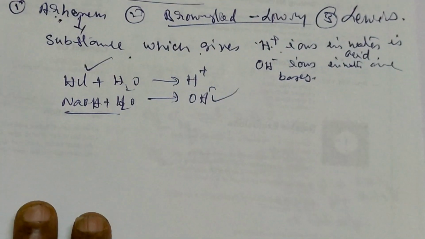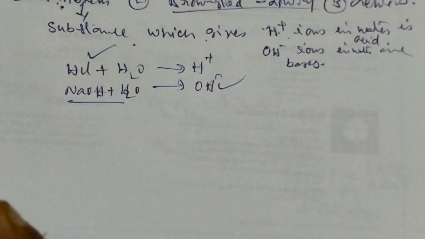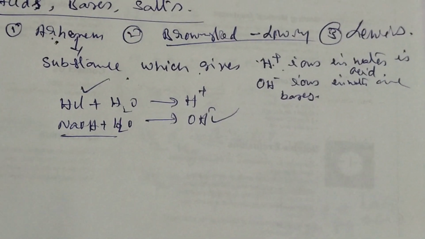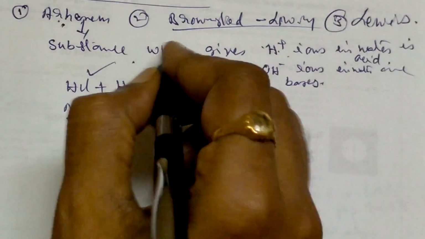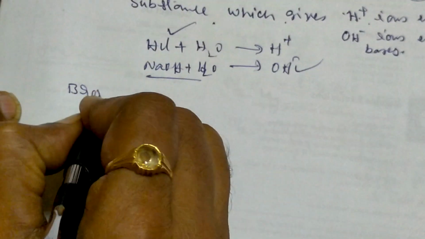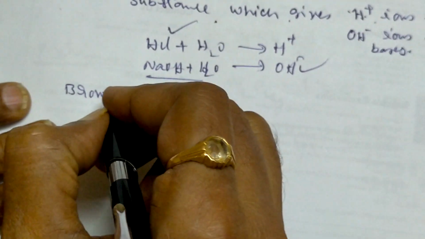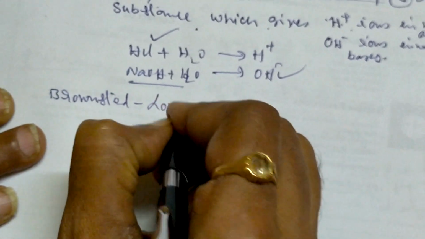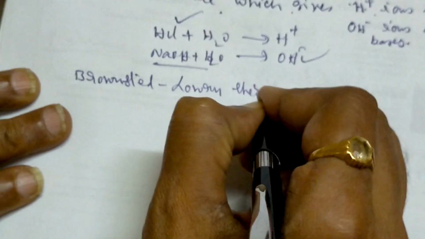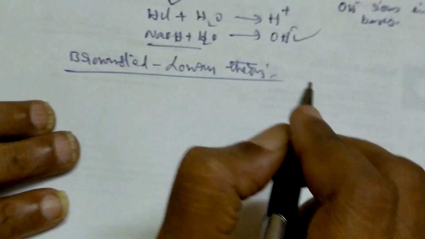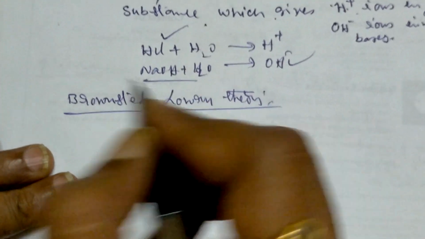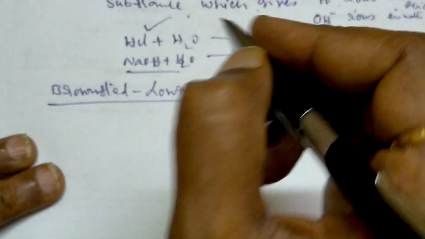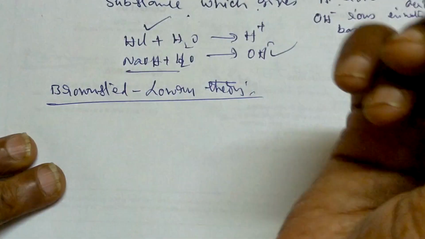The next phase was an improvement. The Bronsted-Lowry acid-base theory: as per him, an acid is a substance that gives H plus ions, that donates H plus ions.